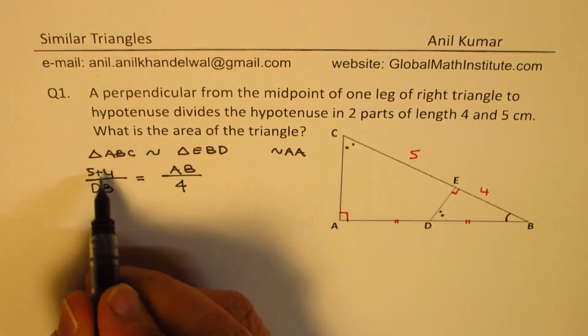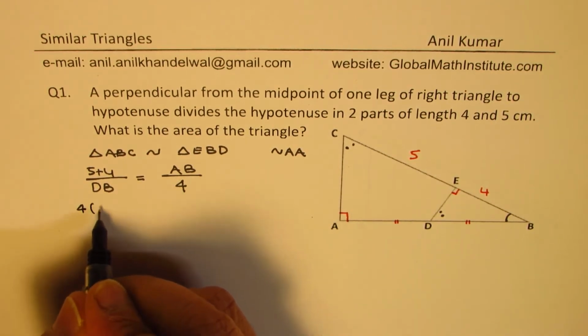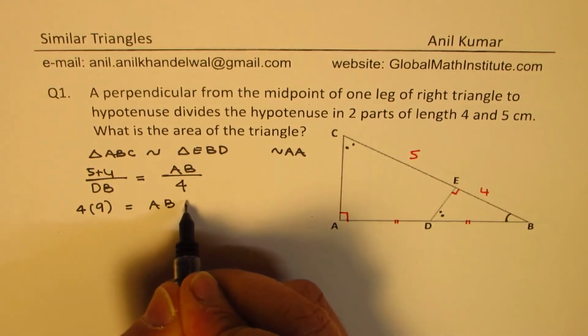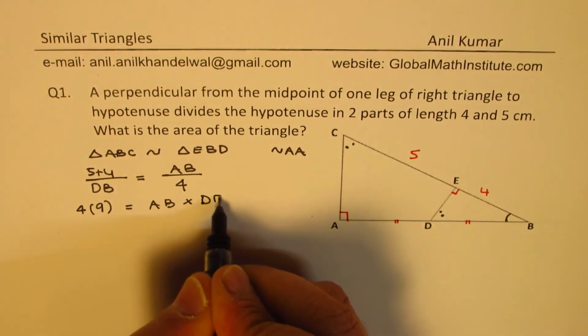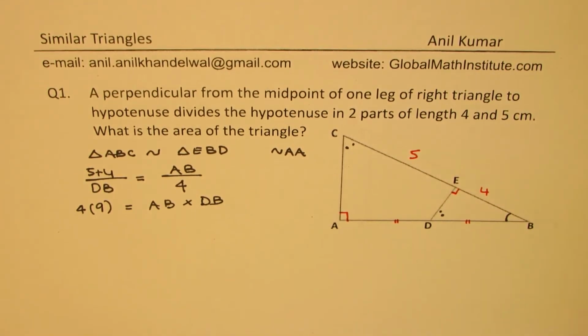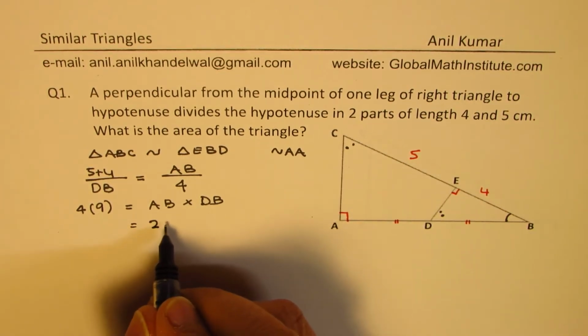Easy. So that is 9, and we can multiply by 4. So we get 4 times 9 equals AB times DB. Now we know DB is half of AB, so AB is twice DB.